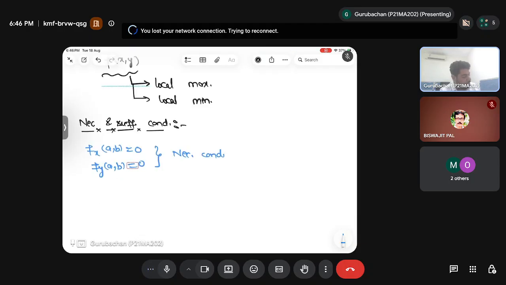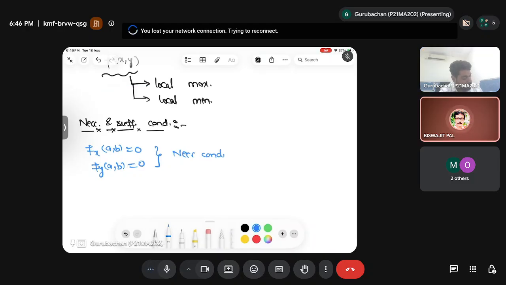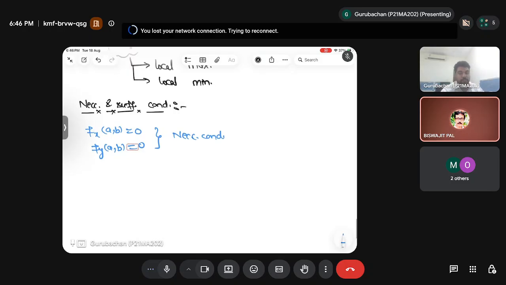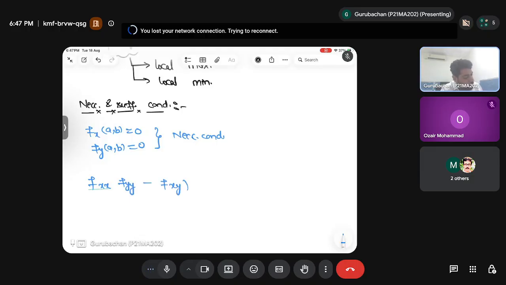Next is the sufficient condition. What is the sufficient condition? I think the partial derivatives of any order should be continuous at that point. But from that, how will you guarantee a local minimum or local maximum? The second order derivatives. Yeah, you will need to calculate fxx fyy minus fxy whole square at (a, b).